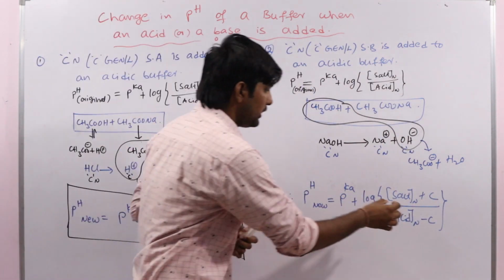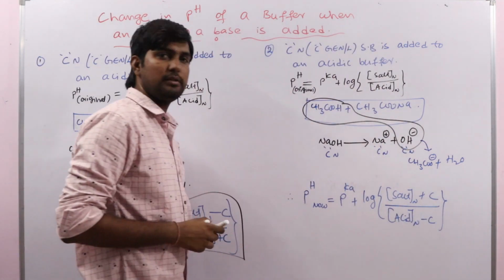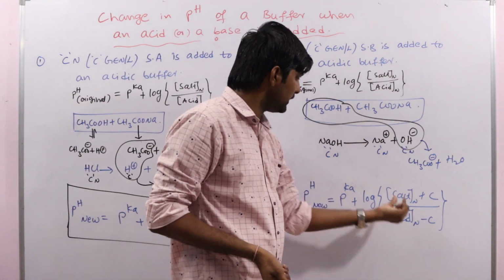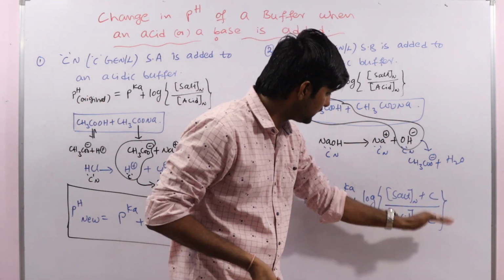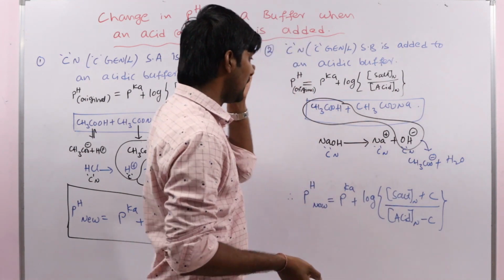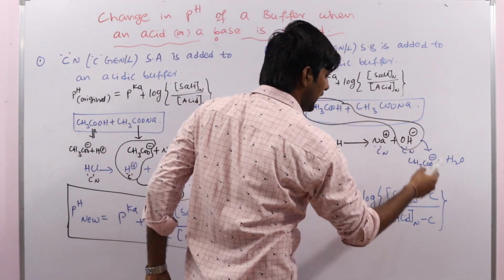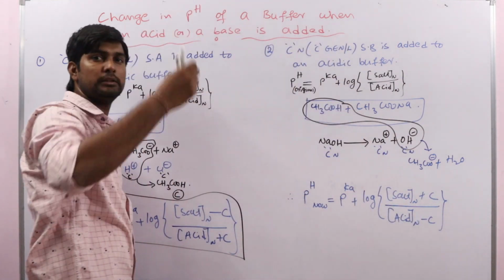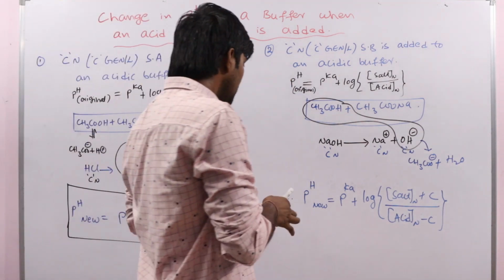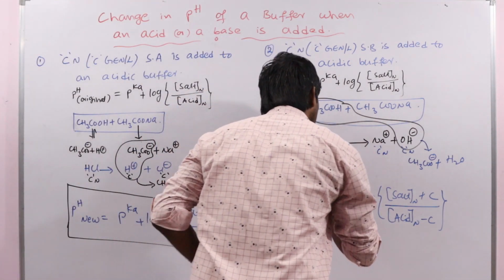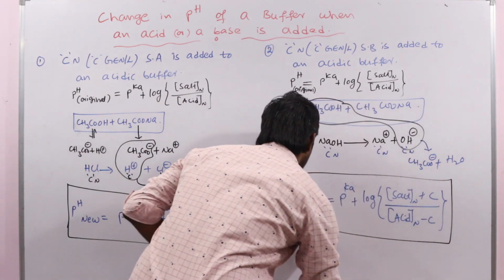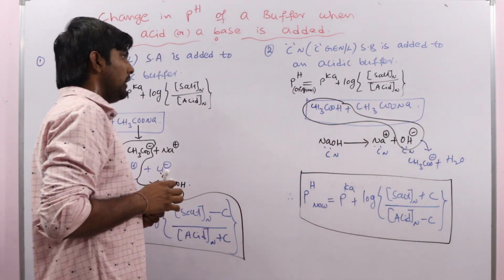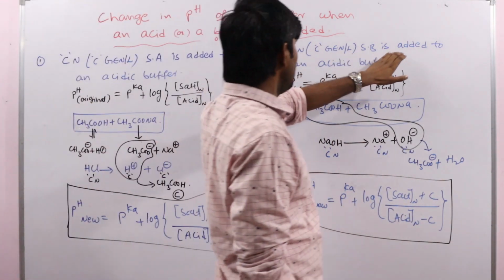Because this much of base has reacted with the original acid present. So that's why acid concentration decreases. Due to the reaction between this added base and acid, salt is formed, so salt concentration increases. So this is the new pH formula to calculate the pH of an acidic buffer when strong base is added.